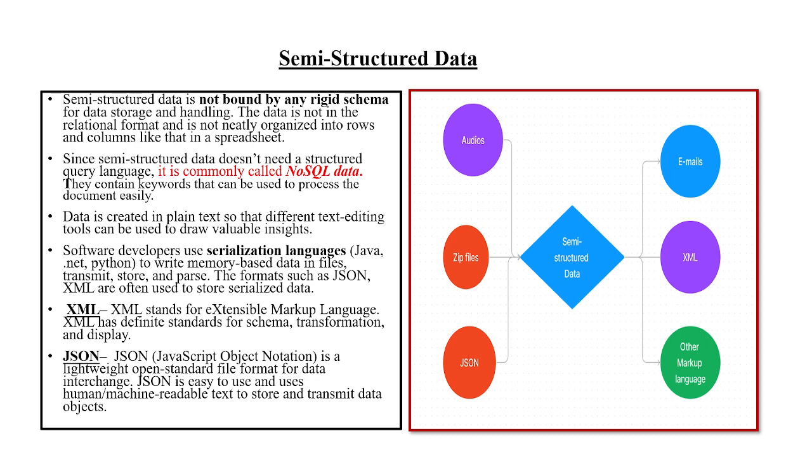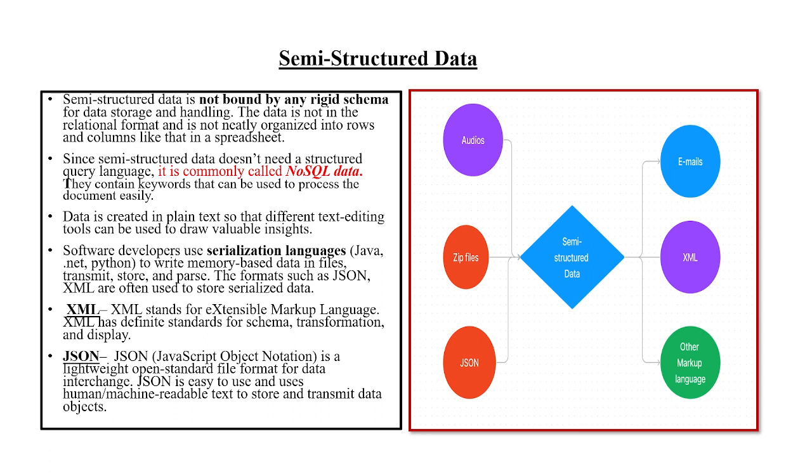Here, the data is not in the relational format and is not neatly organized into rows and columns, as we have in structured data. The difference is that here we have plain text, but along with it there are some keywords which help us to process the document easily.